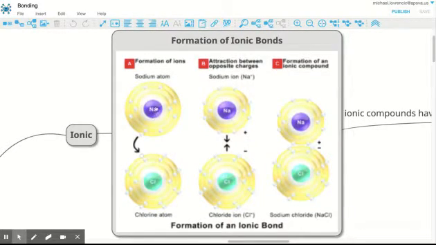So the sodium loses that one valence electron, and chlorine takes it and finishes its octet. At that point, you have two ions formed, and those ions attract each other. And that's what that ionic bond is.